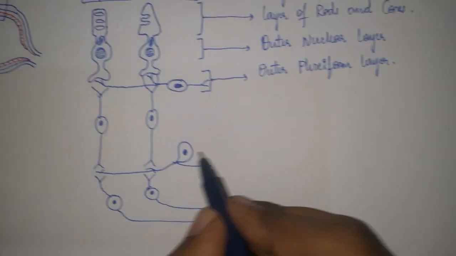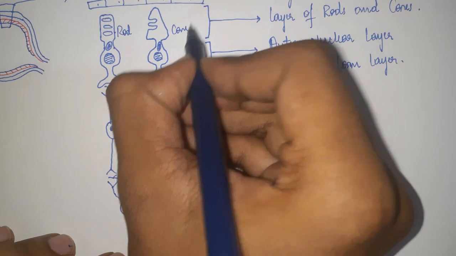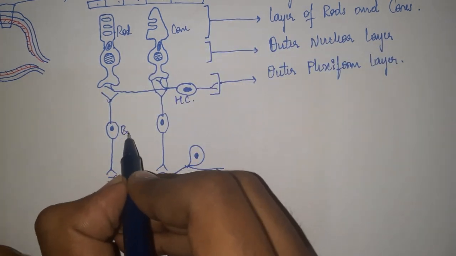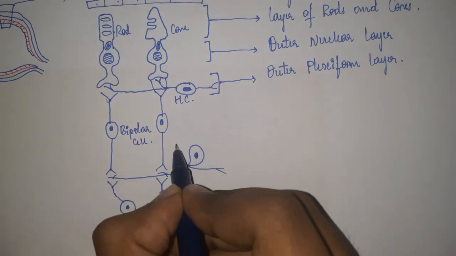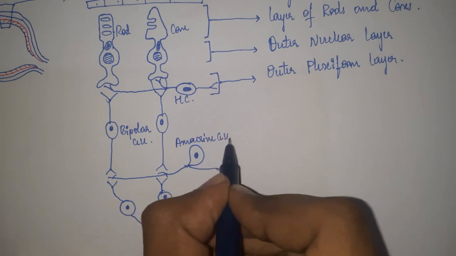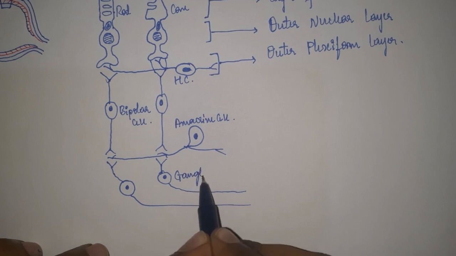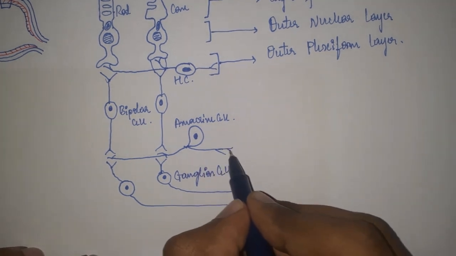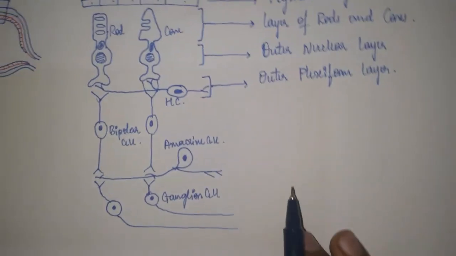So, this is rod, cone, horizontal cell. This is bipolar cell. This is amacrine cell. And this is ganglion cell. Now, this outer plexiform layer is over.